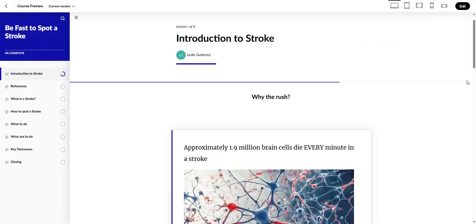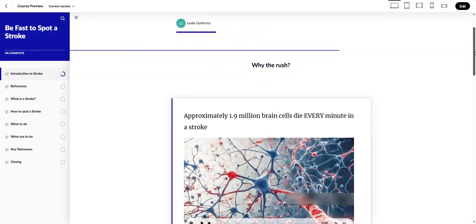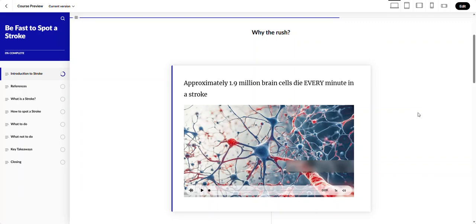Introduction to Stroke. Why the rush? Approximately 1.9 million brain cells die every minute in a stroke. Option for audio on each image.